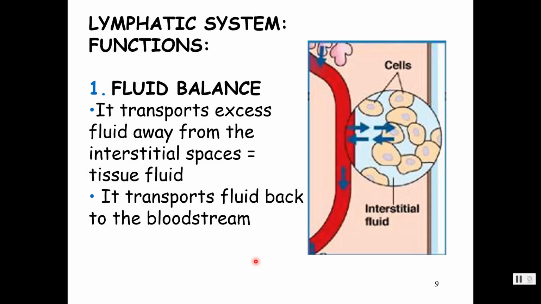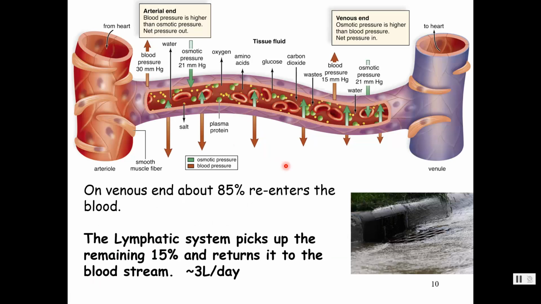So lymphatic system, one of its functions is that fluid balance. And so it's going to pick up that excess fluid away from the interstitial spaces and transport it back to the bloodstream. So remember, we saw this picture. We know that on that arterial side, hydrostatic pressure is the largest pressure delivering nutrients out into the interstitial.